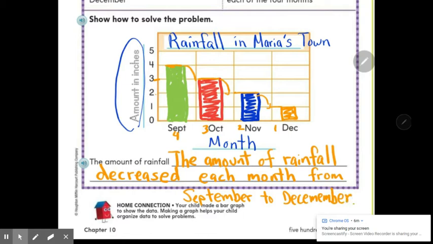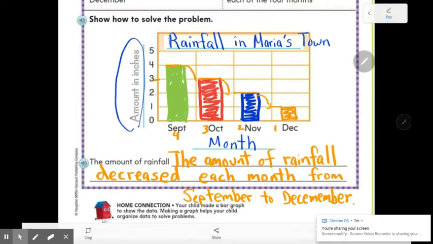And that's what happened in that rainfall.